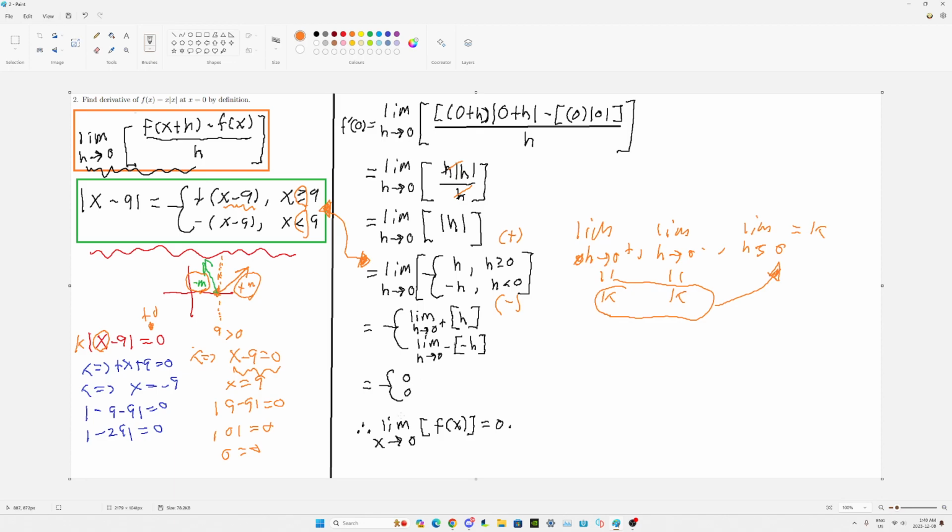So we can just say, therefore, the limit as x goes to 0 for f at x, because it's by the definition, is just going to be equal to 0, because the left side is equal to the right side, as I said over here, right? Or we can just say this is equal to this, equal to this, equal to this. There you go. If they were not equal on both sides, then you would say it diverges, right?